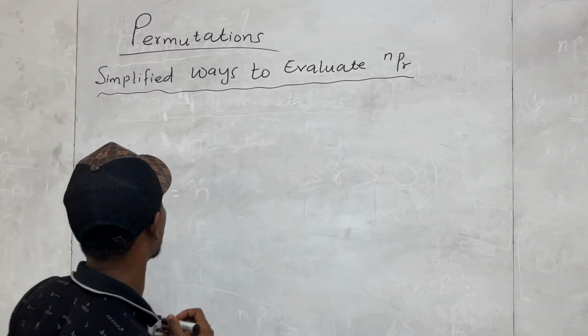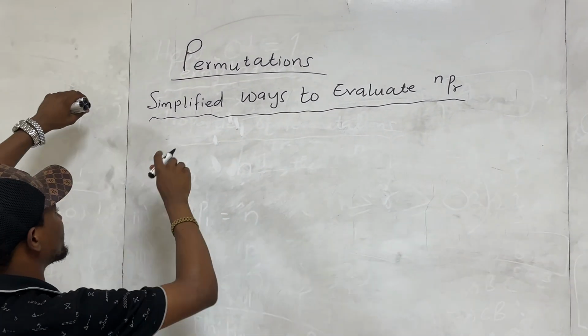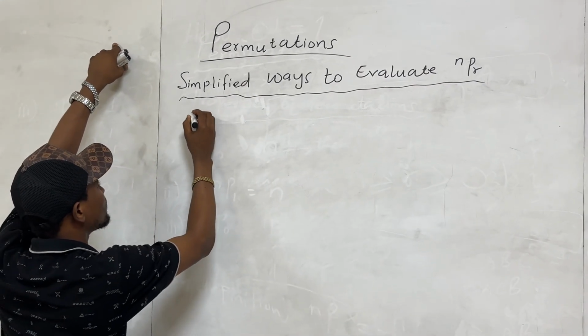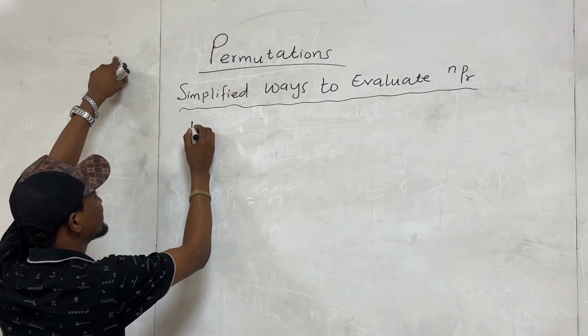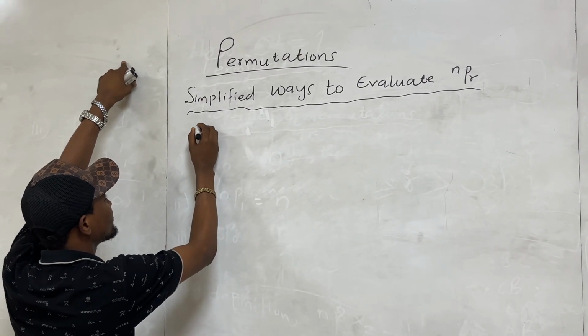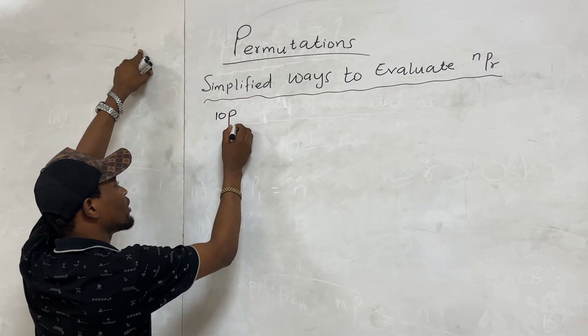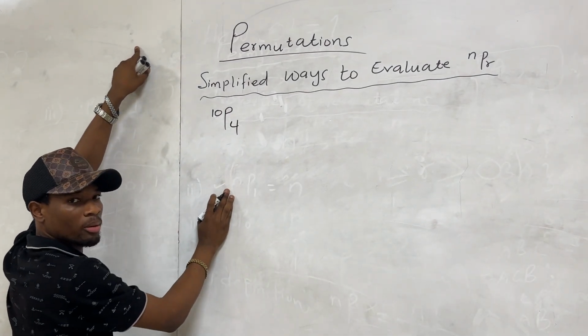So viewers, let's say I have 10 permutation 4.